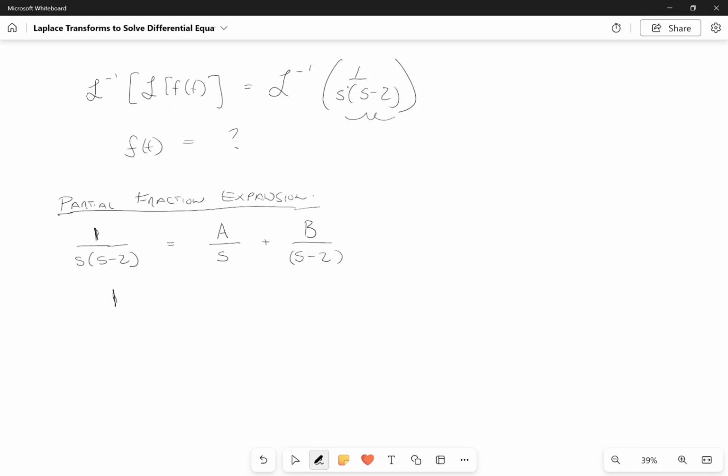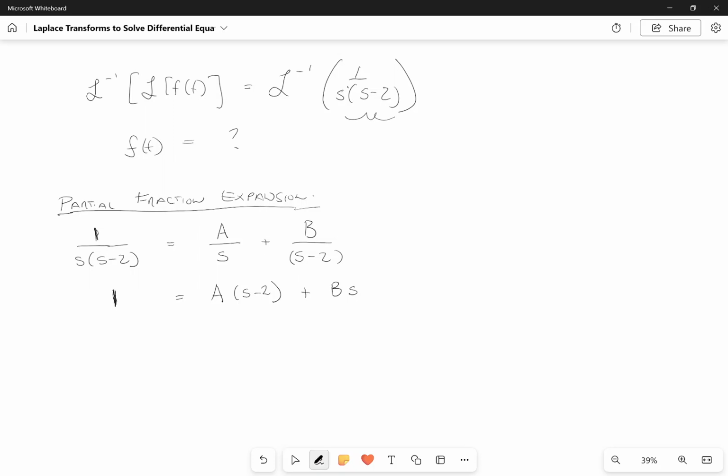So that means that 1 is equal to A. Okay, the s is going to cancel, so I'm left with s minus 2 plus B. The s minus 2 now is going to cancel, times s. Awesome.